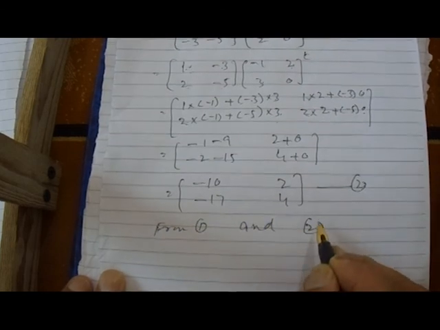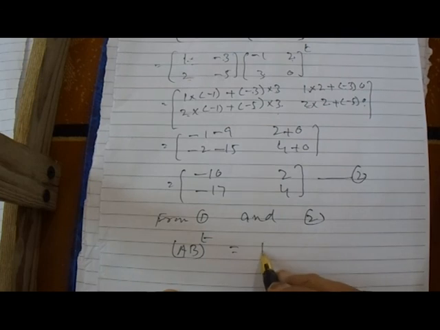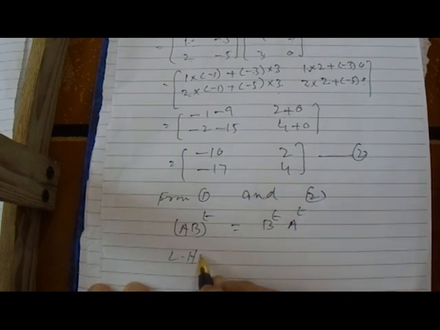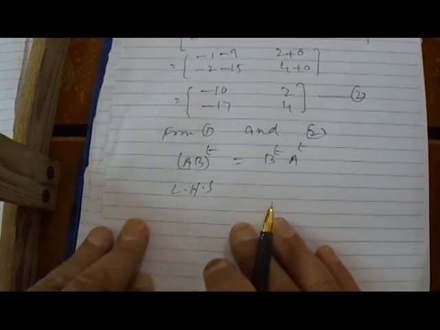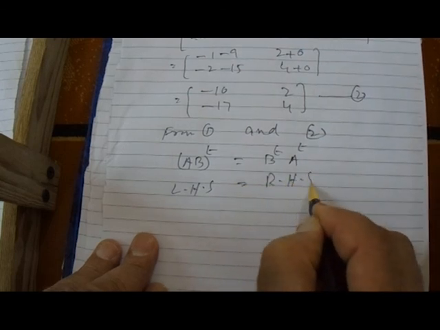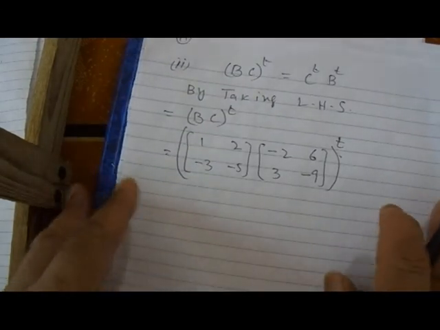We see that (AB)^T is equal to B^T A^T, left hand side is equal to right hand side. Now this is the first part of this question. Now we solve the second part of this question.